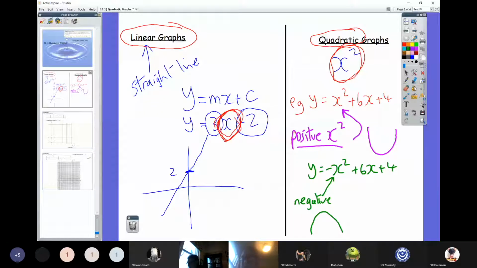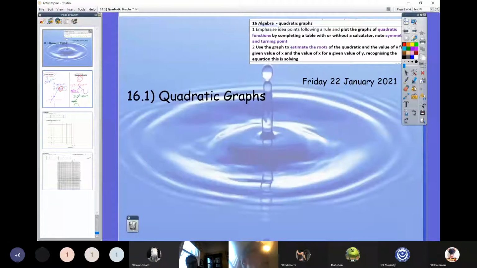Either way, the key learning point is that these are symmetrical. For every value over here, the y value is repeated on that side. For every value here, the y value is repeated on that side.